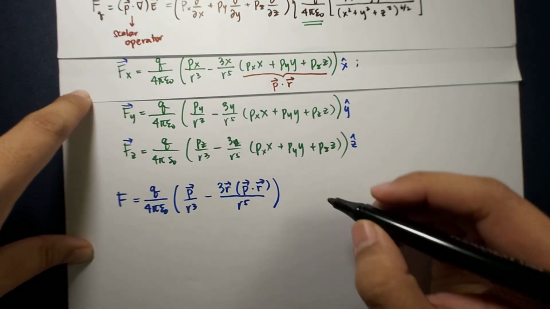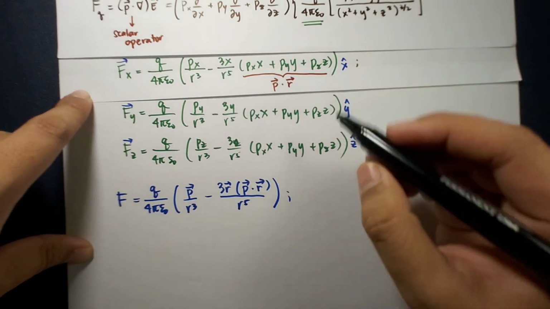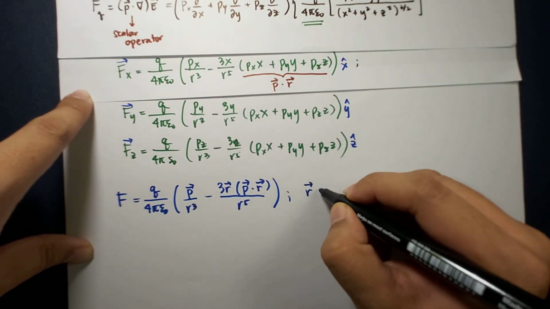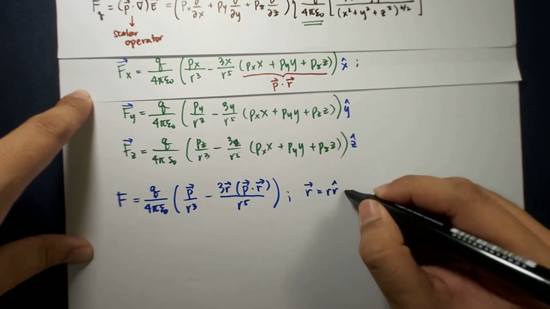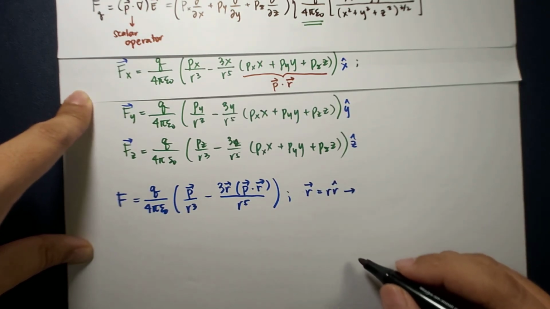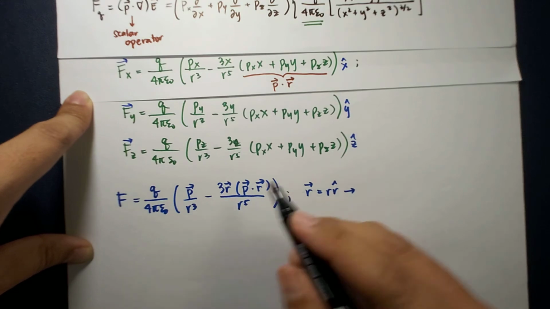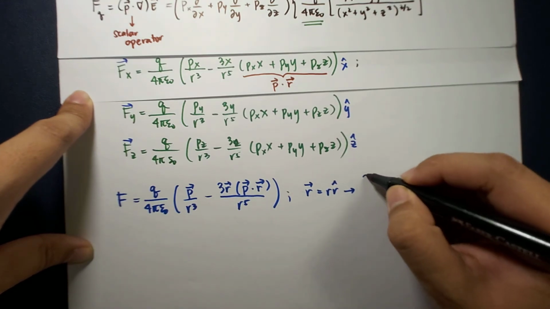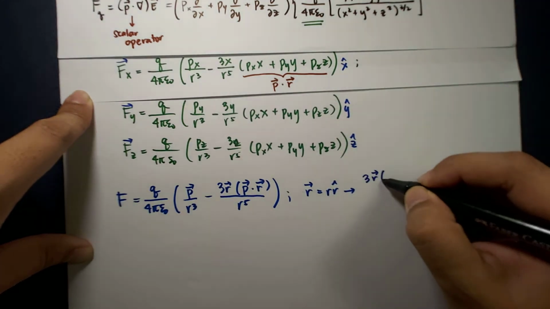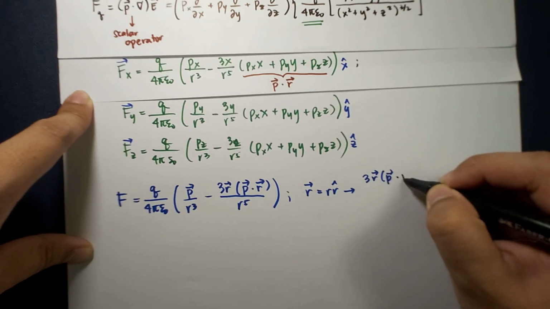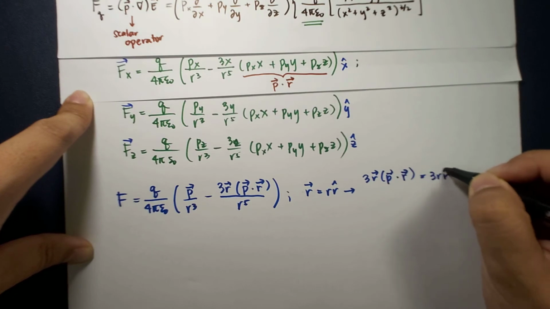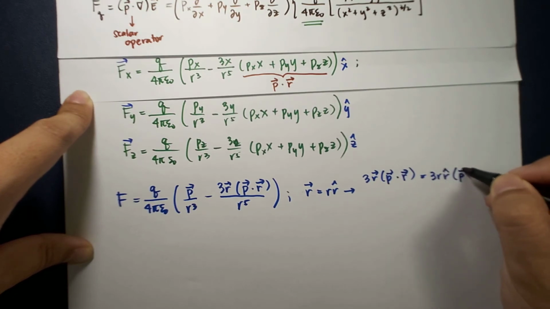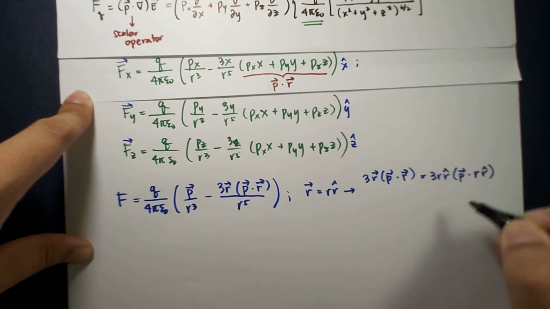Okay, so again we know that r vector is equal to r r hat. So this means that this term here, 3r p dot r, is actually equal to 3r r hat times p dot r r hat.